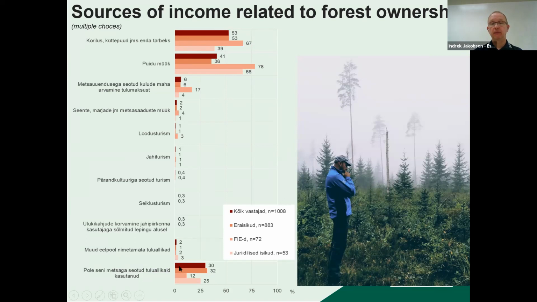And 30% haven't used any way to get income from their forest. Tourism events are only less than 1%. So it's a very, very small part of tourist income that forest owners get. Mainly they use the forest for selling the wood and using the wood for themselves.